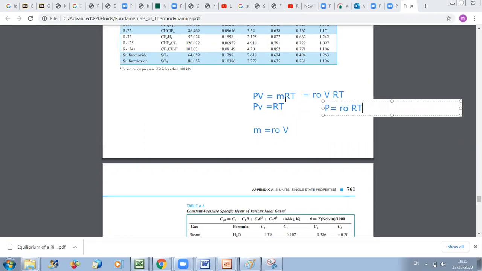Either pressure times volume equal MRT, or pressure equal rho RT, or P times specific volume equal to RT. These two are equivalent, because if you take rho to the other side, it will be P over rho equal RT, and the specific volume is one over rho.